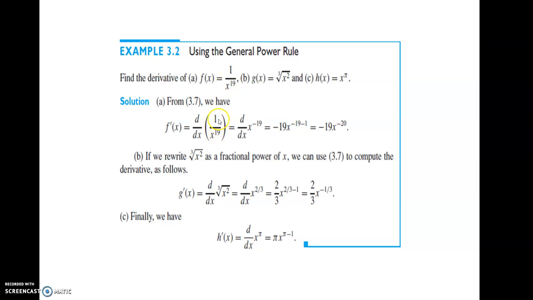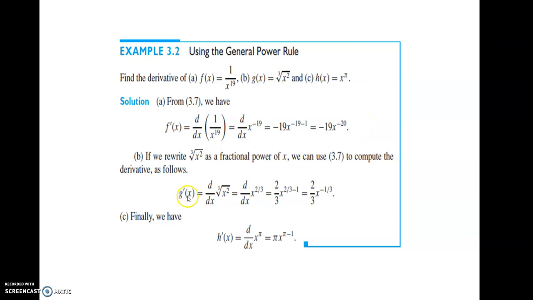I can write it as x to the power minus 19 according to the exponent law. So your power is minus 19. According to the power rule, it is minus 19 x to the power minus 19 minus 1. You know that from the power you have to subtract 1, so minus 19 minus 1 is minus 20. So minus 19 x to the power minus 20 is the answer.